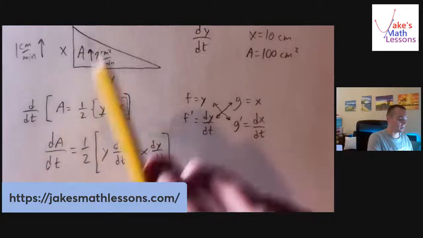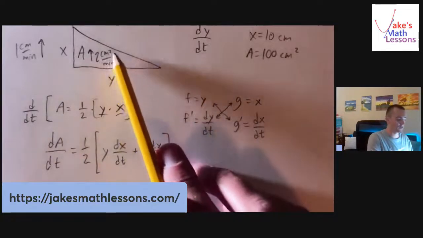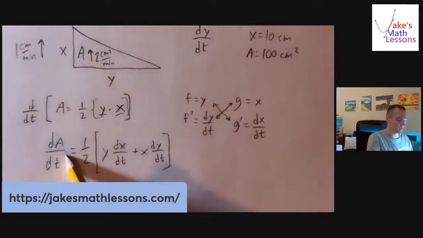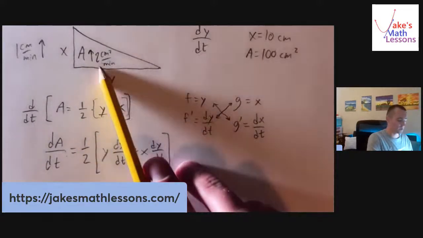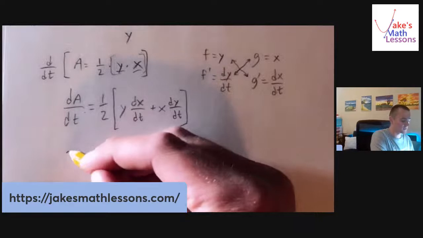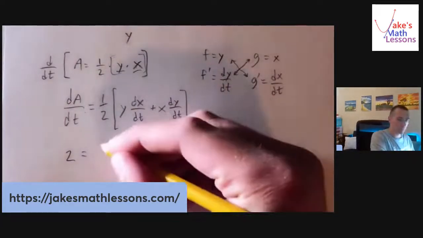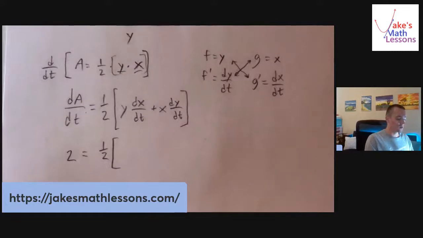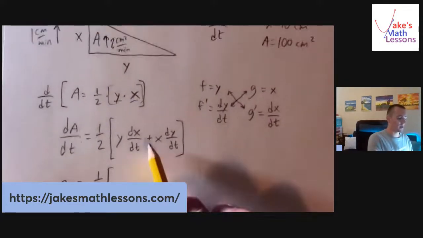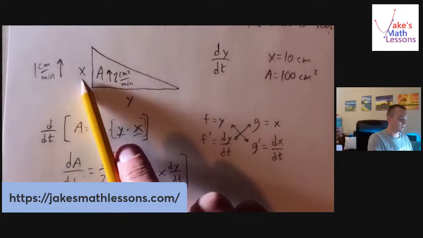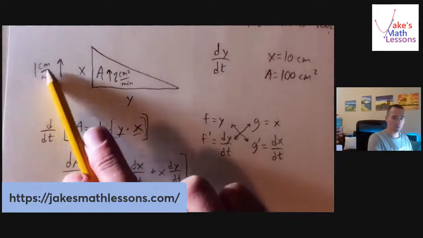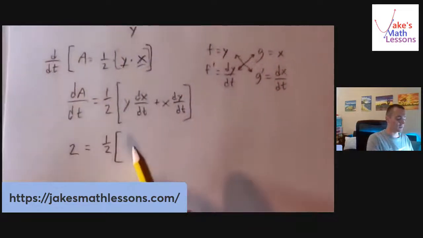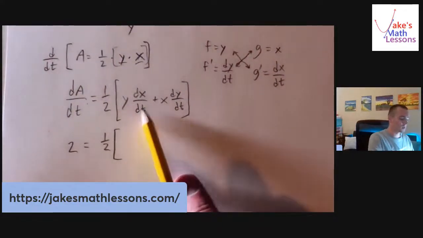We were given that the area is increasing at a rate of 2 centimeters squared per minute. So dA dt is just going to be 2, and we can plug that in. We also know that x, the altitude of our triangle, is increasing at a rate of 1 centimeter per minute. So the rate of change of x is 1, so dx dt is 1.